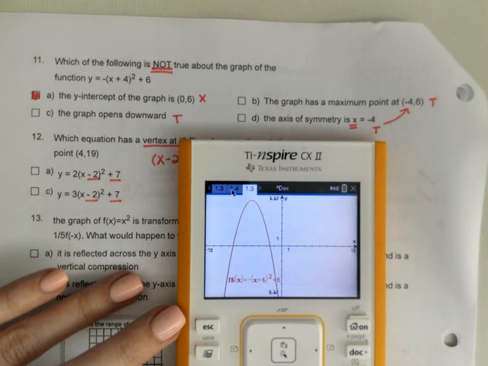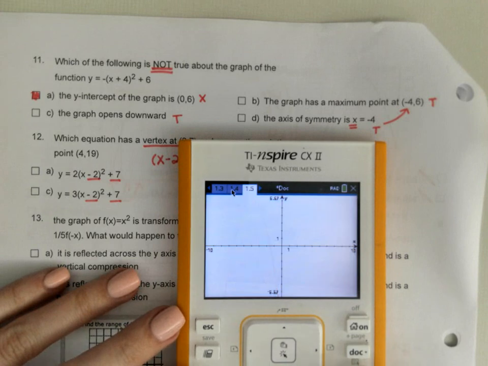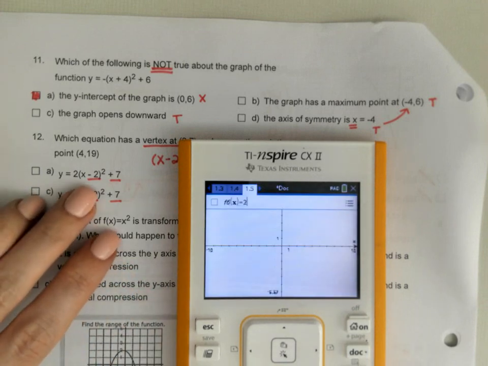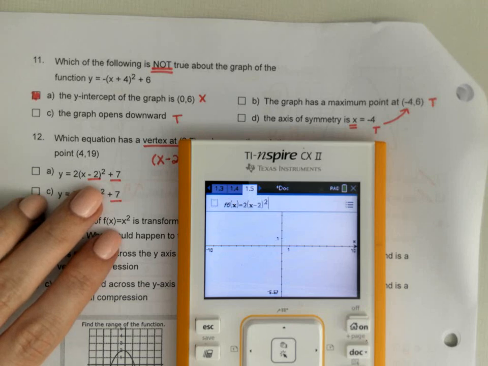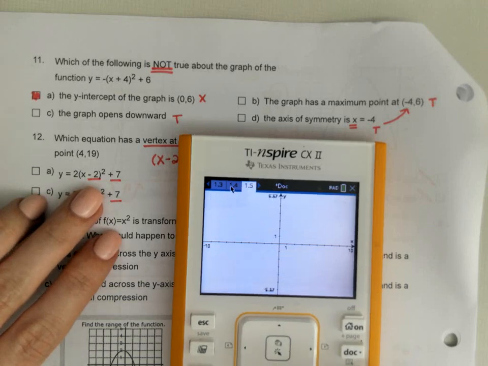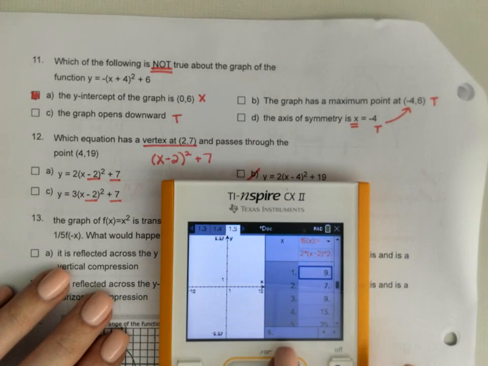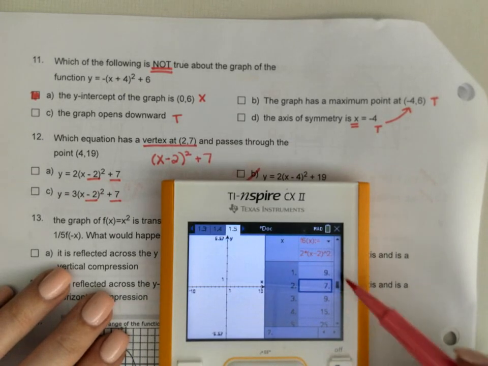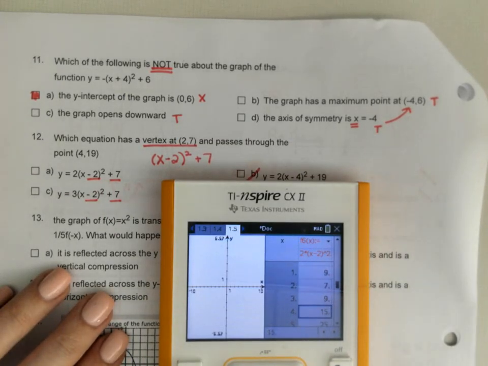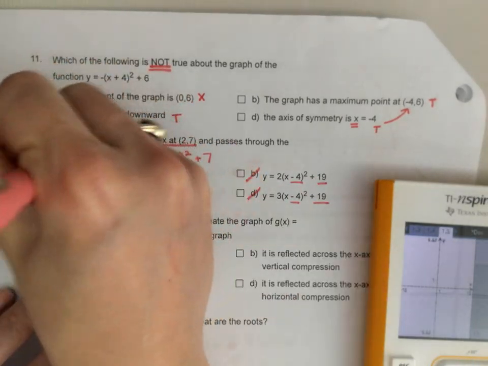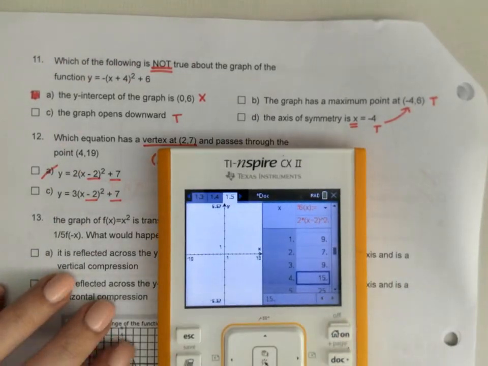Control T to get rid of the table. Menu 3, 1, 2 parentheses, x minus 2, close parentheses, squared, plus 7. Control T. It needs to go through the point 2, 7 as the vertex, yep, and then 4, 19. Nope. Let's try C.